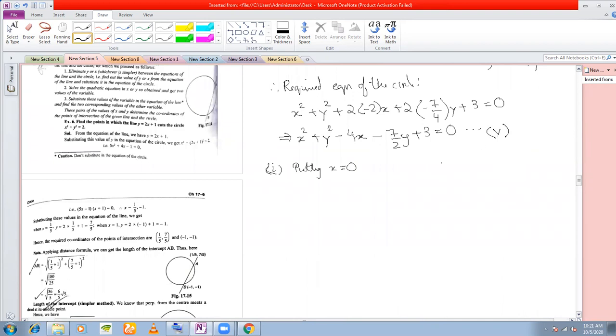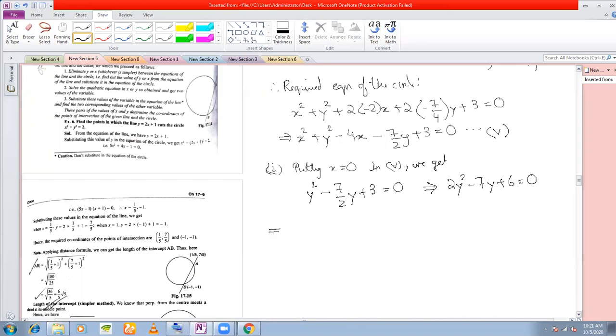Putting x is equal to 0 in the equation of the circle, we get y squared minus 7 by 2 y plus 3 is equal to 0. So you get 2y squared minus 7y plus 6 is equal to 0.